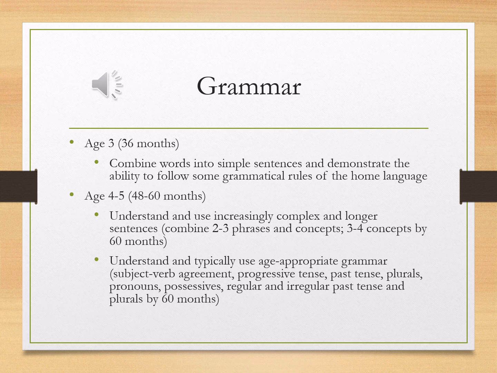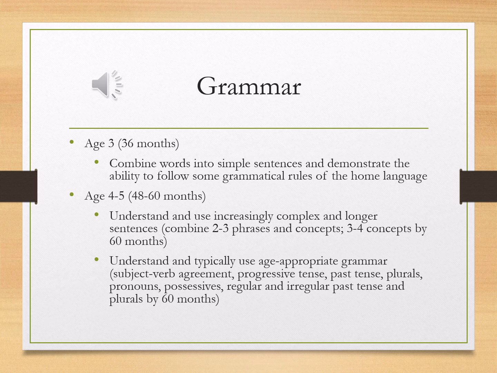They should be able to use the grammar rules of their home language. So in English, we put the adjective before the noun, so the red dog. But in Spanish, the adjective comes after the noun, the dog who is red. So children should be able to use those grammatical rules that they've been hearing over the last 3 years.